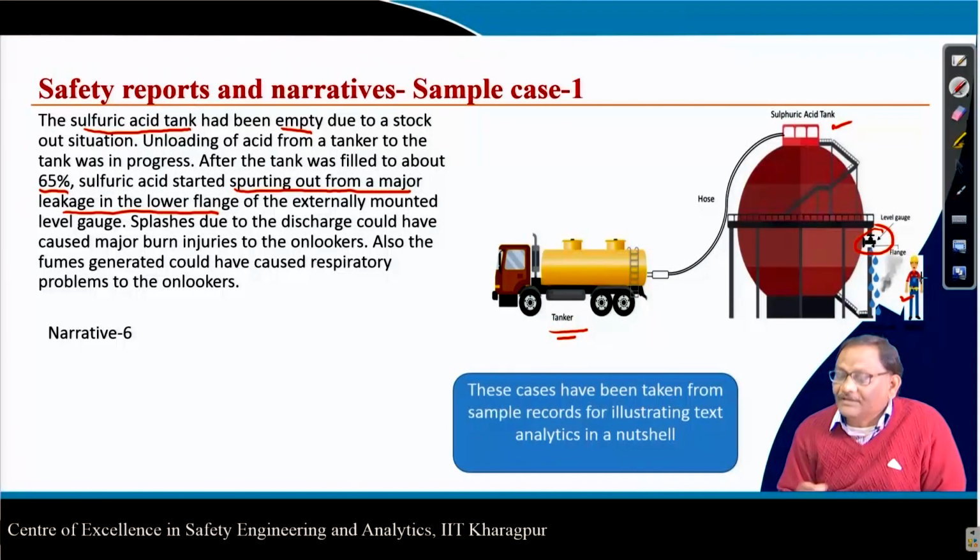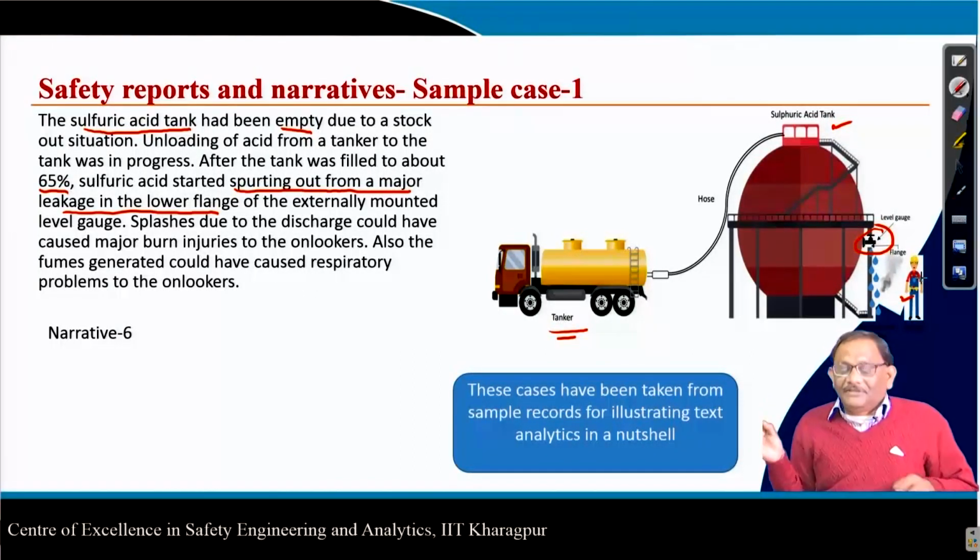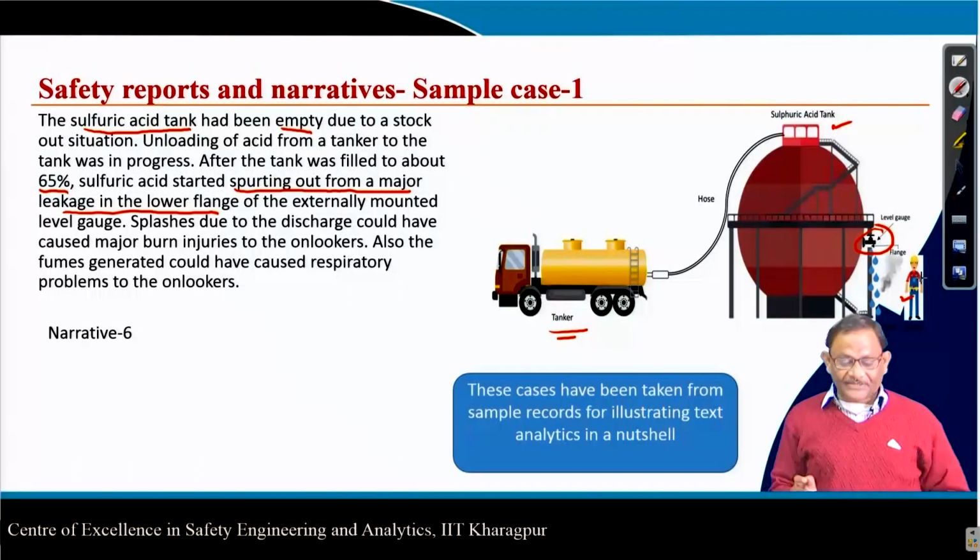Suppose someone is standing here, onlookers. Also, the fumes generated could have caused respiratory problems to the onlookers. So, this is a small narrative of an operation where the sulfuric acid tank was filled from the tanker, and some workers were also there.